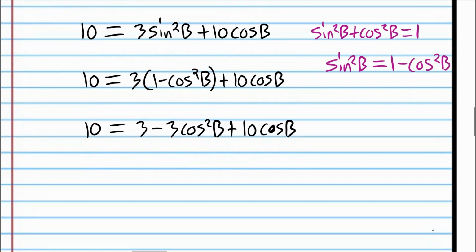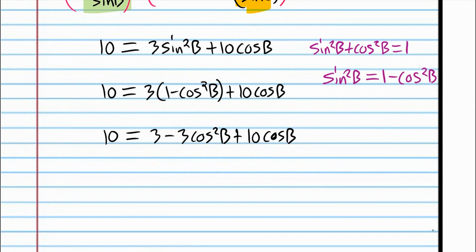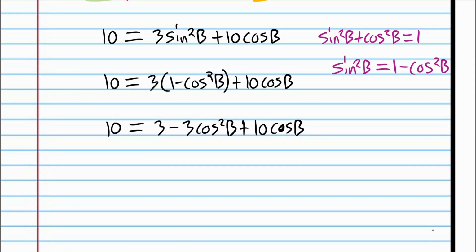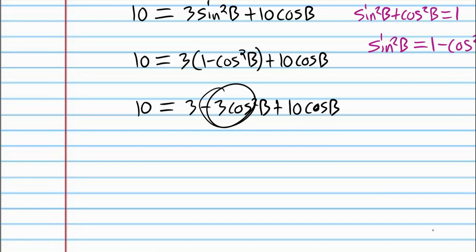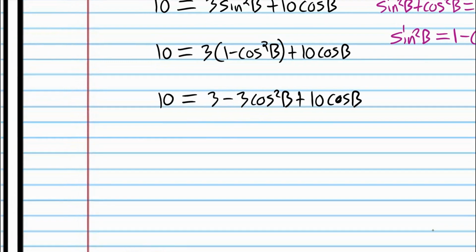And now you can see again we're going to have something resembling a quadratic equation. So I want a positive coefficient on my cosine squared term, so I'm going to add 3 cosine squared b to both sides. And I'm going to subtract 10 cosine b from both sides.